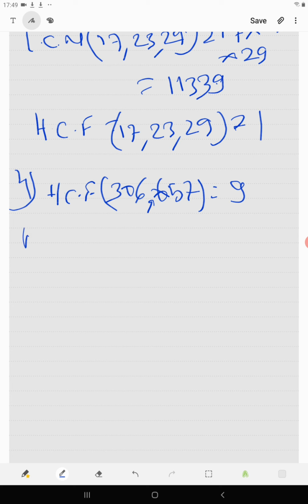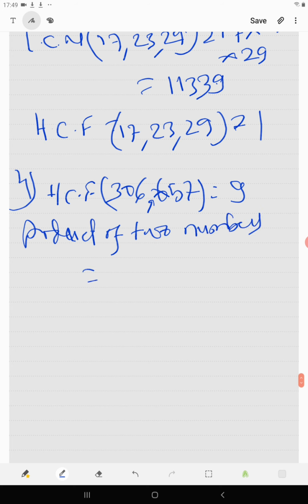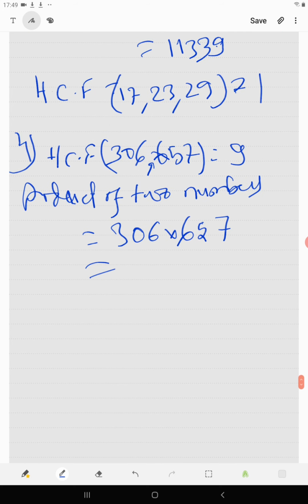Okay, so what is the product of two numbers? 306 into 657. Yeah, this is the bigger one, I'm not going to do it. I have already done.